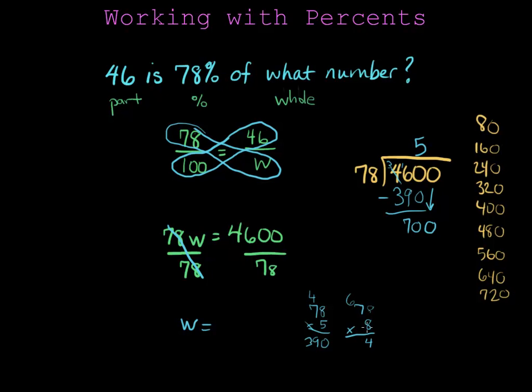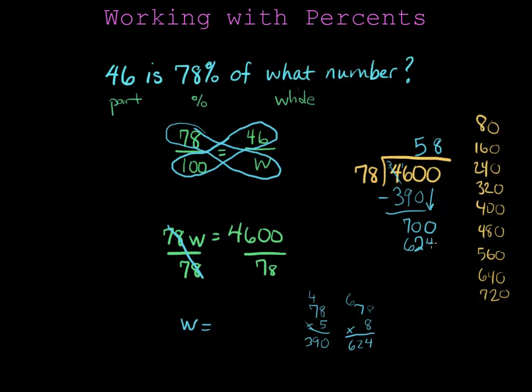Carry the 6. 7 times 8 is 56, plus 6 is 62. And from 624 to 700, the difference is 76. Wow, it's really close, but it's not enough to fit another group of 78 in. So that goes in 8 times.